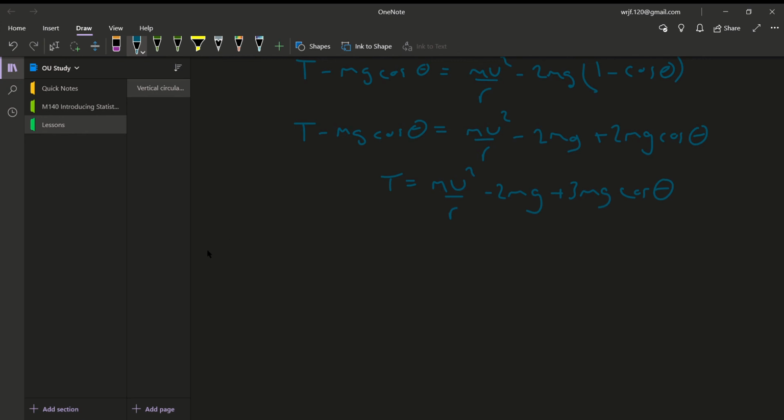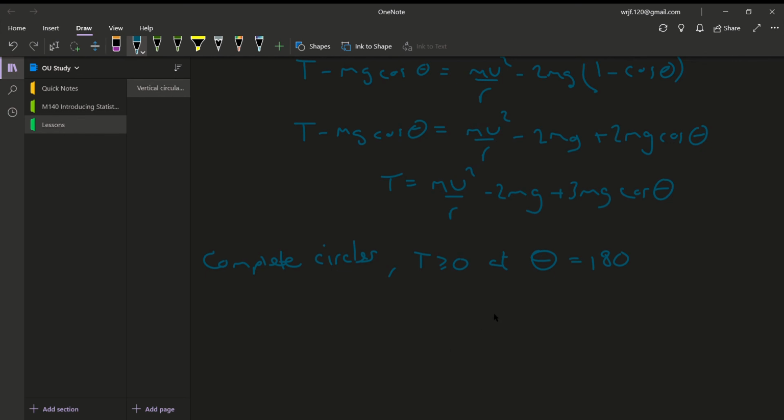So the first case to look at is what happens if the particle is going to complete circles. So for complete circles, what we want is we want T to be greater than or equal to 0 when we have theta being equal to 180.